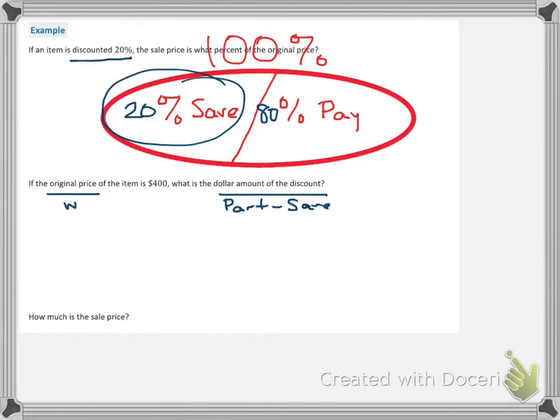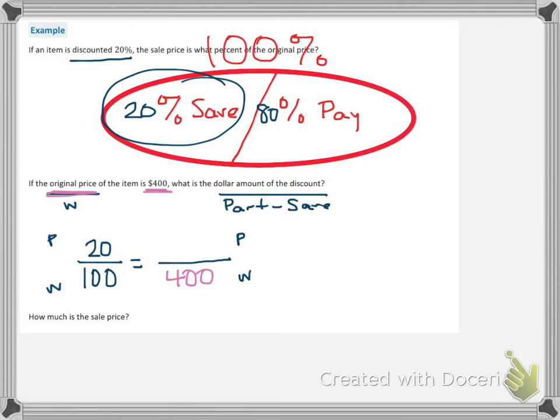So I'm going to use 20%. Remember, percent means per 100, so I have an automatic ratio, 20 over 100. Remember that is a part to whole ratio. I'm going to set that equal to another part to whole ratio, and I'm going to use the information they gave me, which was that the original price here was $400, and that is a whole, so that's going to go on the bottom.